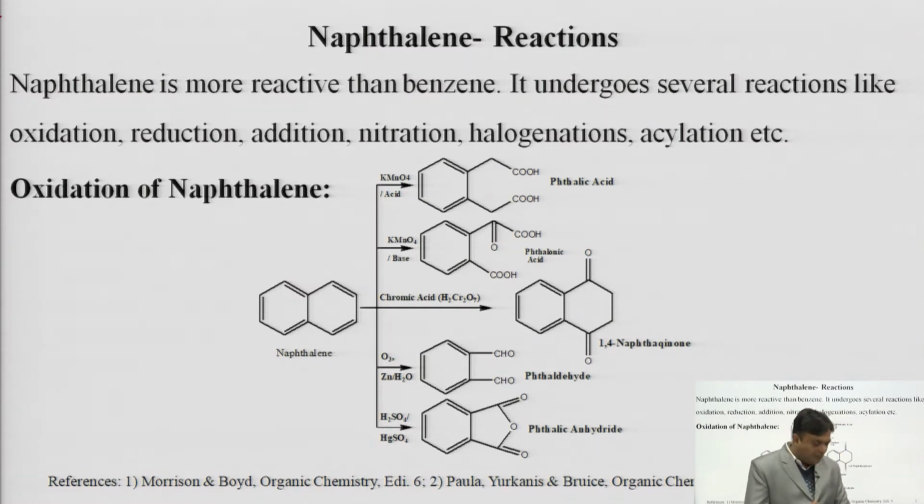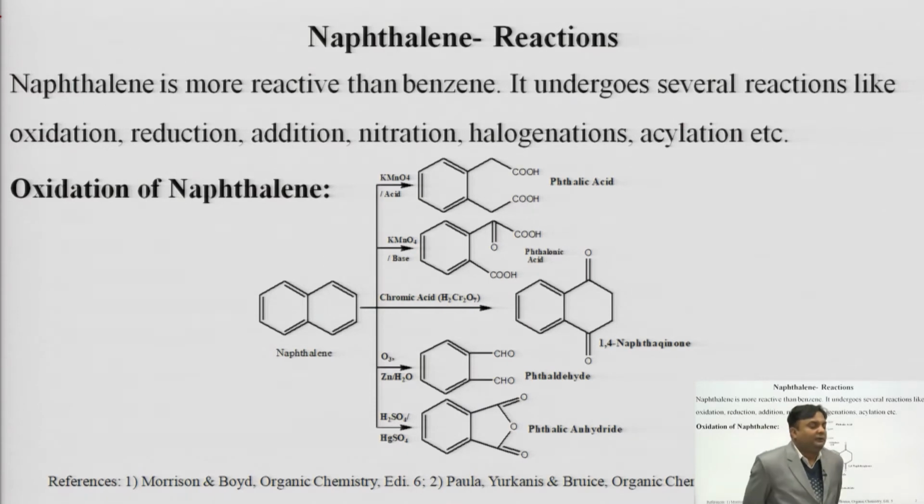We studied that benzene is a planar molecule having 6 carbons with p orbitals, each p orbital having a single electron, and those p orbitals are perpendicular to the plane of the benzene ring.